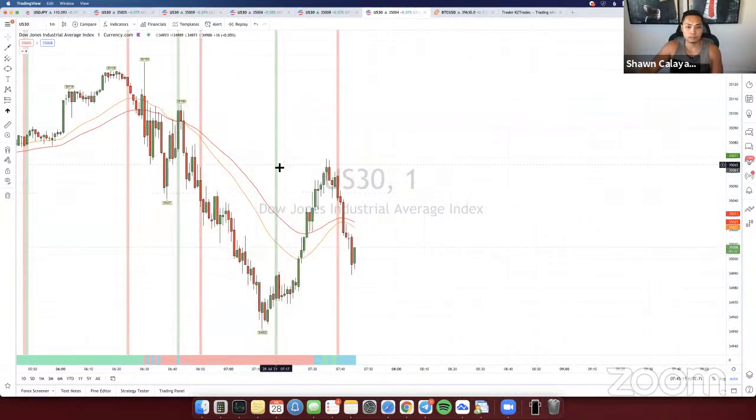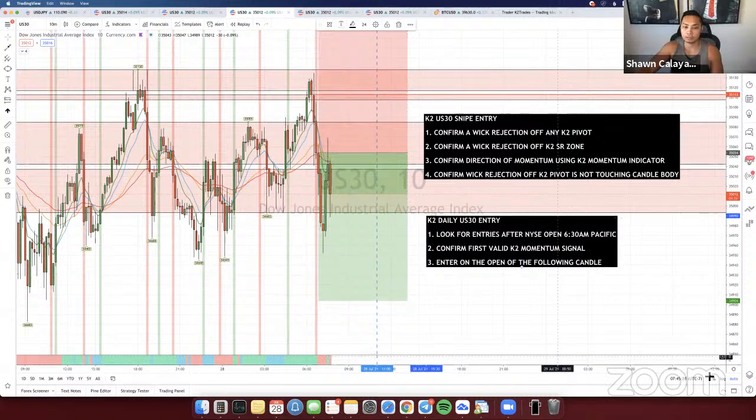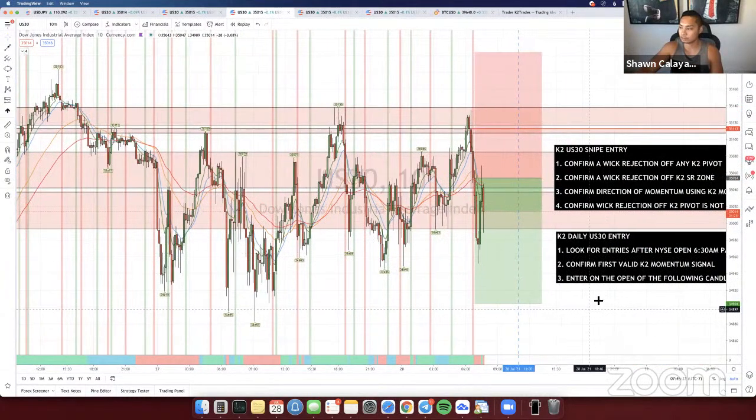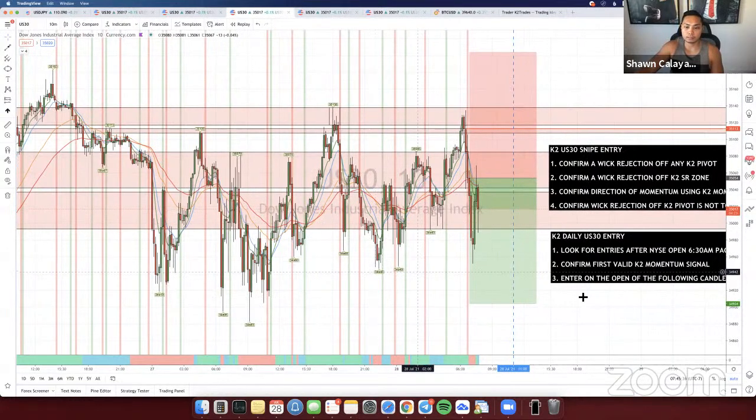So just keep that in mind. Normally, there's at least 1 to 3 entries available, including the extra breakout. But today, there just hasn't been any entries. There hasn't been very much solid volatility all throughout the session. So yeah, guys, if you have any questions, feel free to ask.